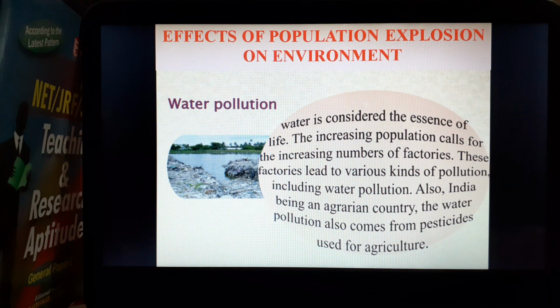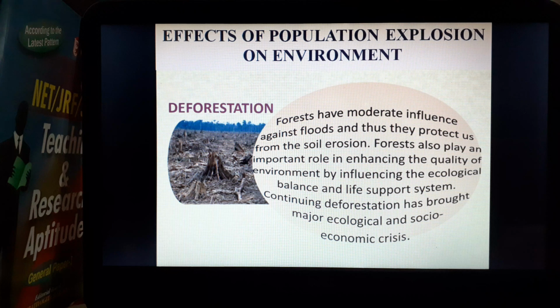Water pollution means that due to heavy population, more and more factories are increasing day by day and they are spreading a lot of effluent into the water that creates water pollution. And the third part is deforestation, which means soil erosion and floods, and it is directly or indirectly affecting the environment.